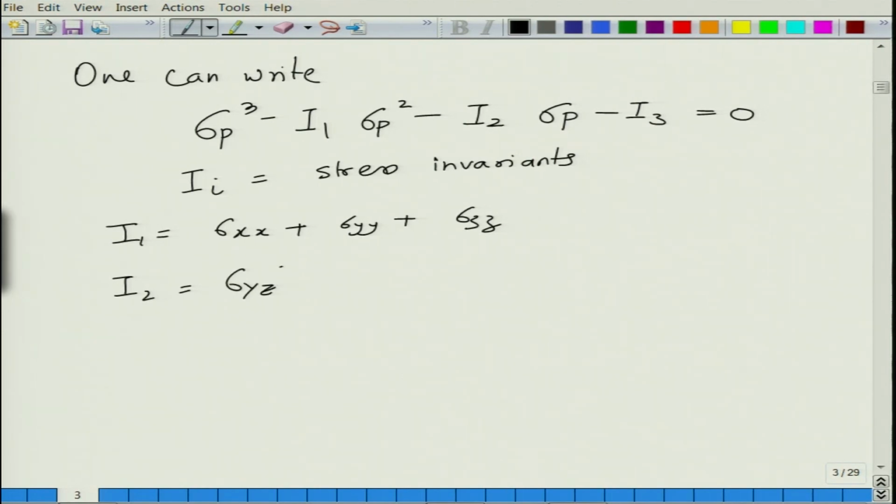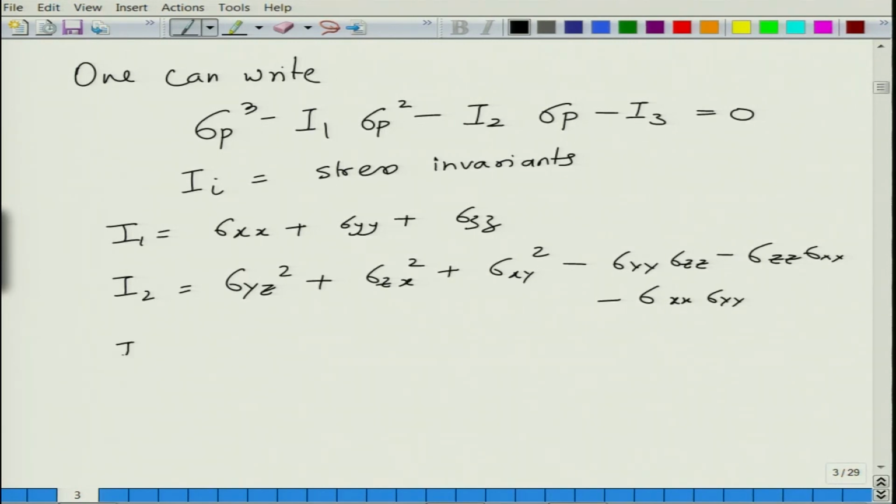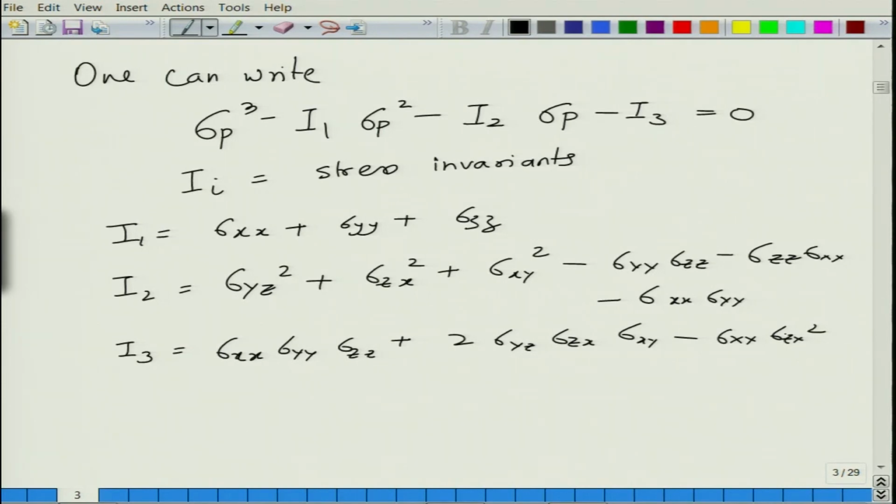I2 would be sigma yz squared plus sigma zx squared plus sigma xy squared minus sigma yy sigma zz minus sigma zz sigma xx minus sigma xx sigma yy, and I3 will be equal to sigma xx sigma yy sigma zz plus 2 sigma yz sigma zx sigma xy minus sigma xx sigma zy squared minus sigma yy sigma zx squared minus sigma zz sigma xy squared.